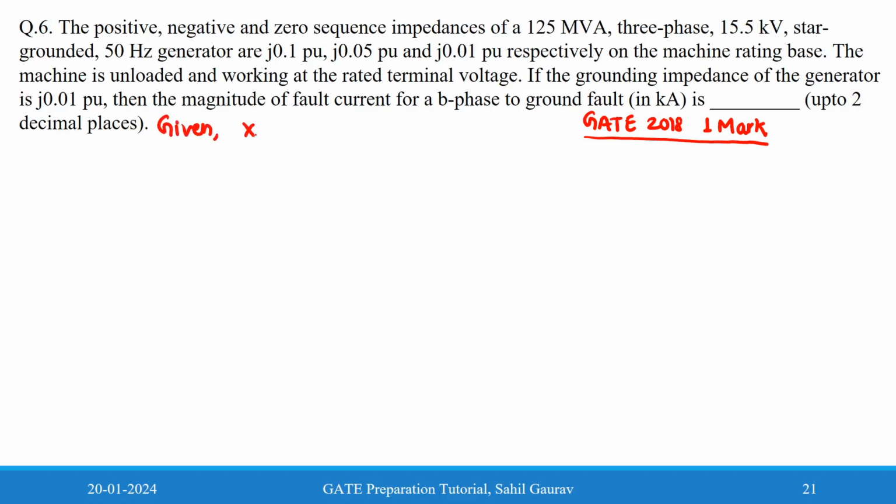So here the given values are x1 equal to j0.1 per unit, x2 is 0.05 per unit, x0 is 0.01 per unit on the machine rating base, and the grounding impedance of the generator is also given, so xn is 0.01 per unit.